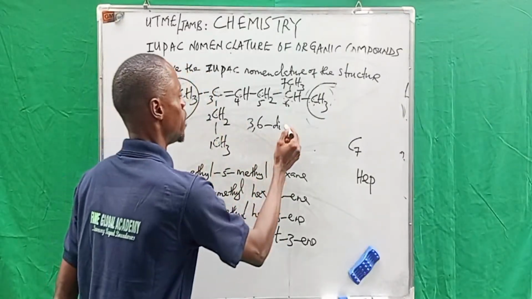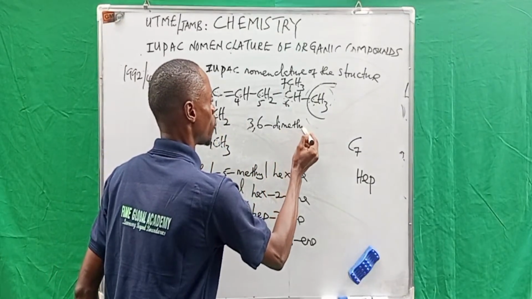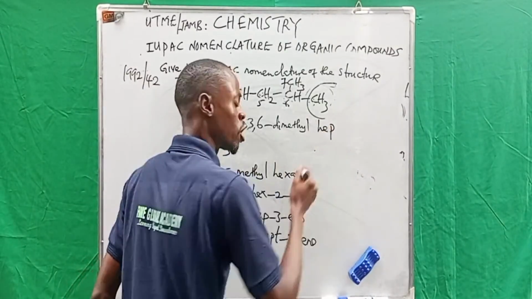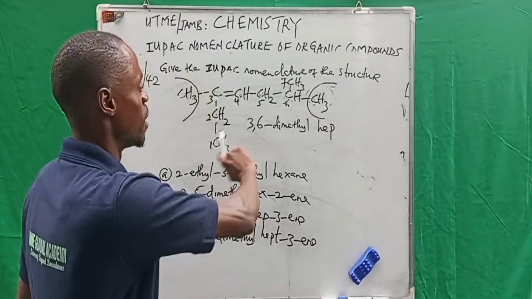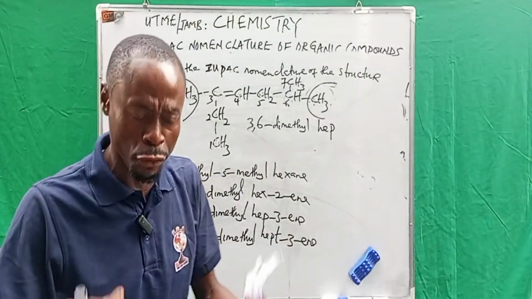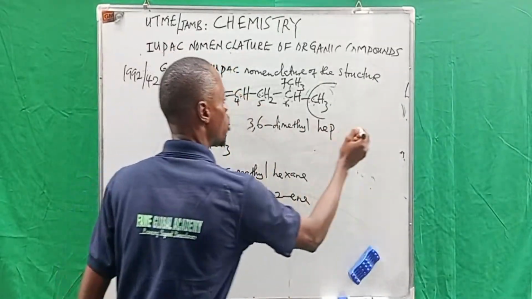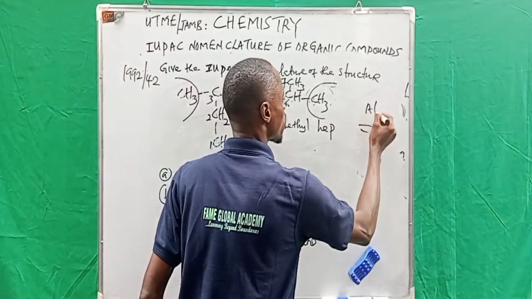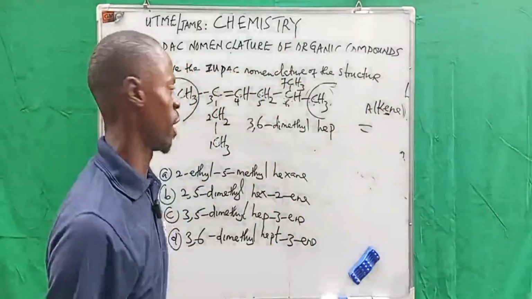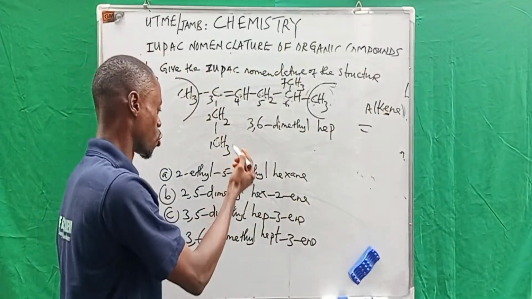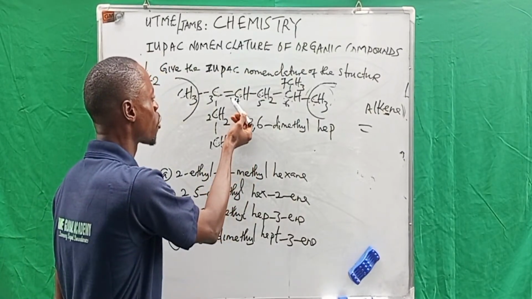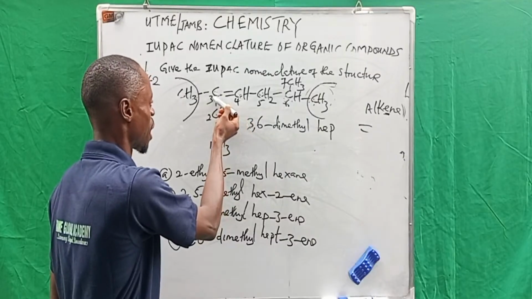Then you now name the methyl, and of course, our longest carbon is hept. But don't be in a hurry to complete the naming. Another thing you should figure out is that this functional group, the double bond, is for the homologous family called alkene. Where is it located in this structure? Looking at this structure closely, you agree with me that the functional group, the double bond, is at carbon atom 3.